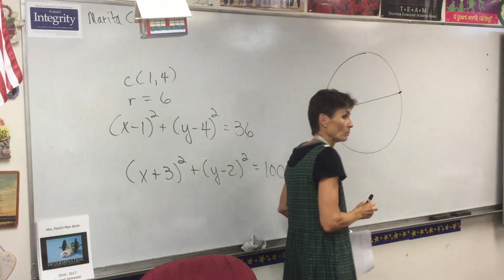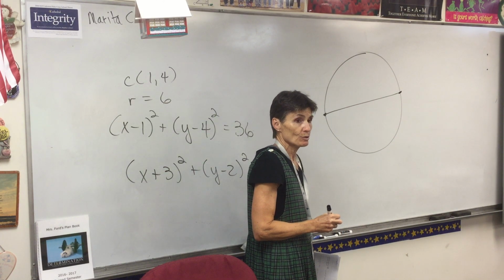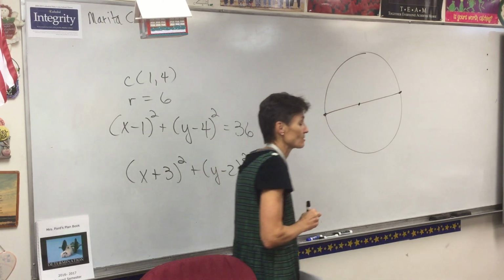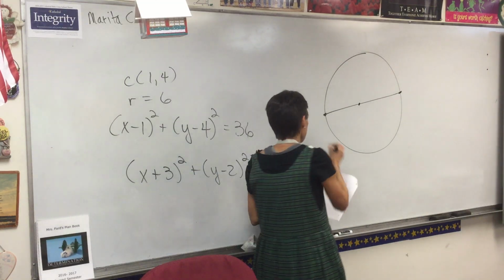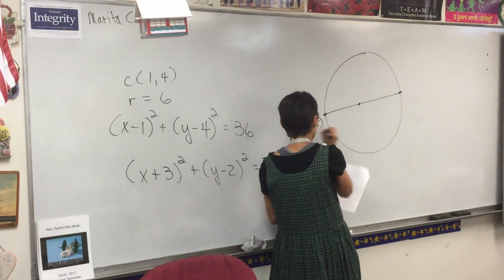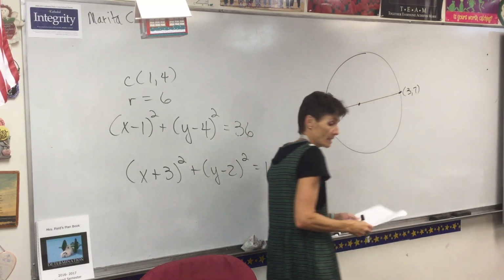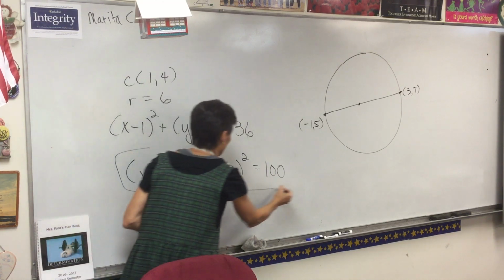Does everybody remember what a diameter is? A diameter goes through the center. It's a chord that goes through the center. That's a diameter, 2 radii. And the end points are at -1, 5, and 3, 7. And you are going to write the equation of the circle.